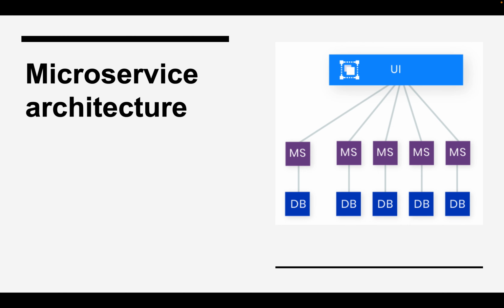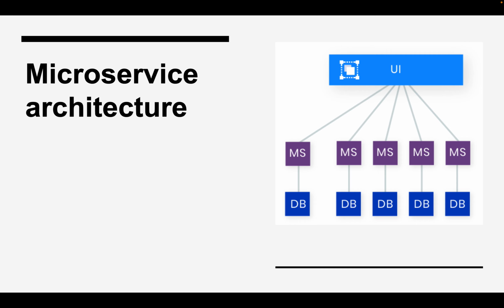The next architecture is microservices, which is probably the most advertised at the moment. What it means is you basically have smaller parts of your system that run completely isolated from one another.